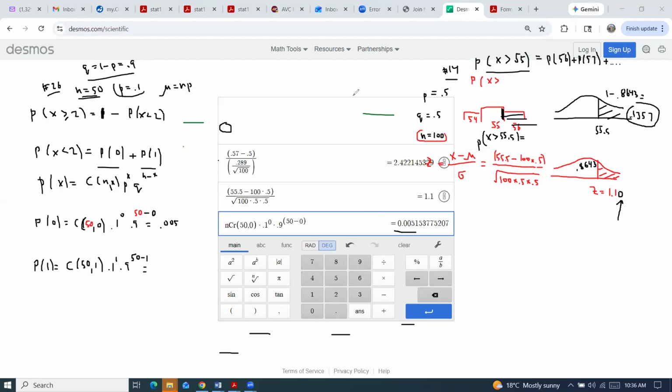Now to calculate, we just add the calculation. So now I choose 1 in the place of that 0. Now I put 1. That's 50 minus 1. So once you enter one of those, it's becoming pretty straightforward.